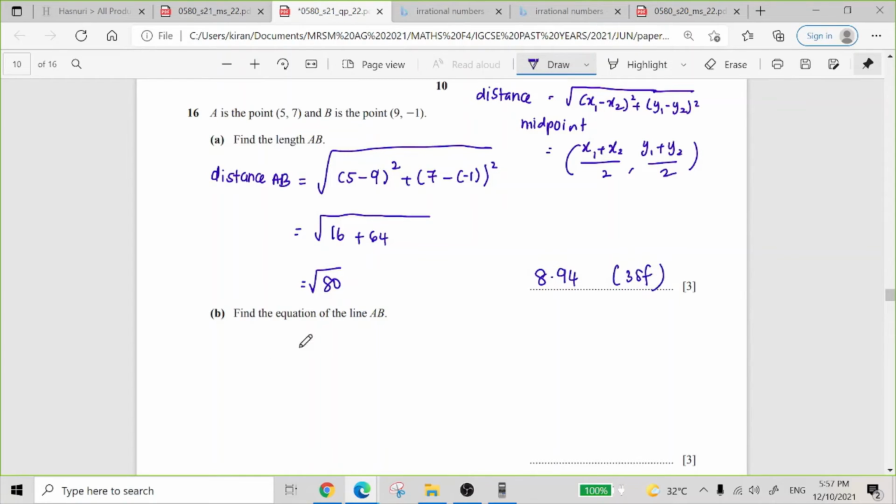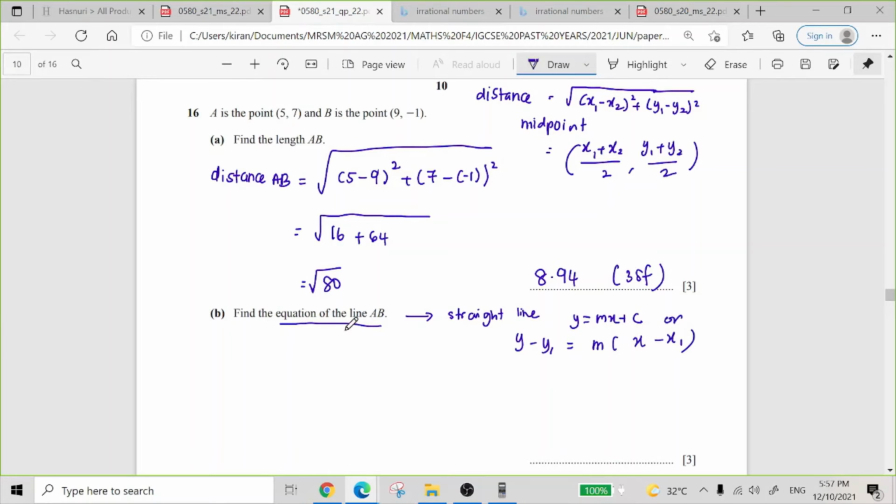Question B, find the equation of the line AB. When we go to the equation of the line, you should remember the formula for how to find the straight line: y equals mx plus c, or y minus y1 equals m times (x minus x1), either one.